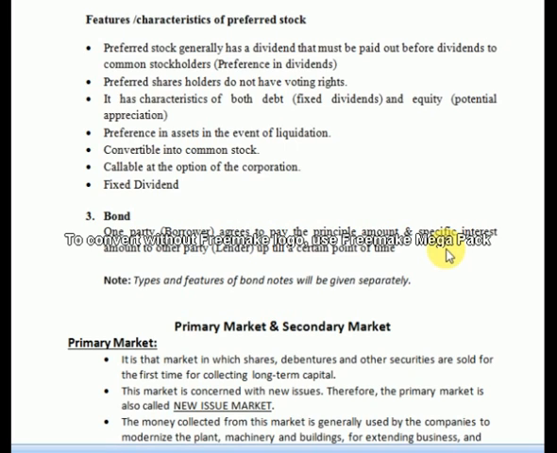Government needs funds for the roads, for the schools, for the dams, for the colleges, for the universities, for the infrastructures. So for the sudden expenses of the war, they also need to raise funds. So in this way, the government issues the bond.